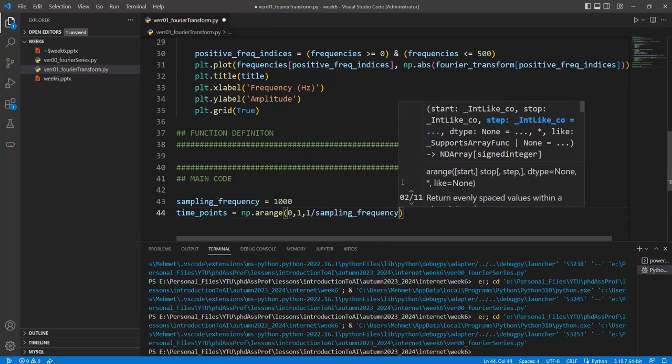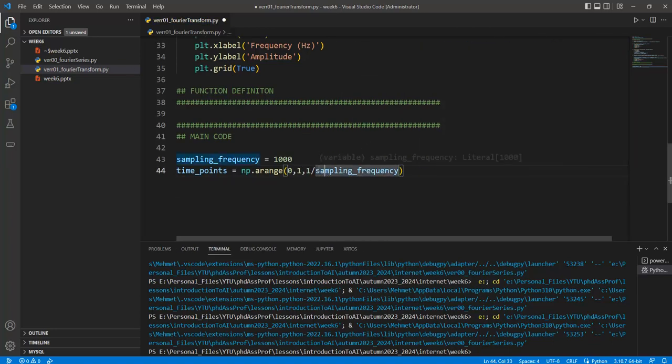Okay, and so we have the 1 divided by sampling frequency data on the period of the 0 to 1 seconds, right?